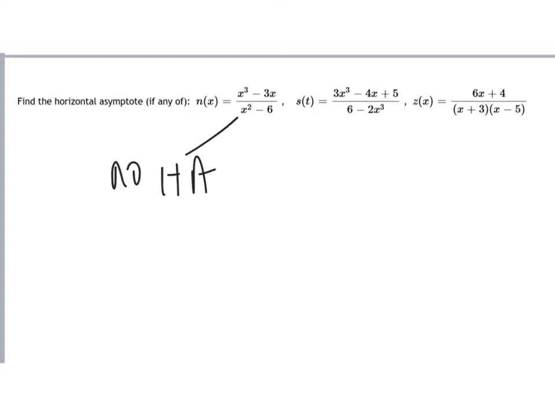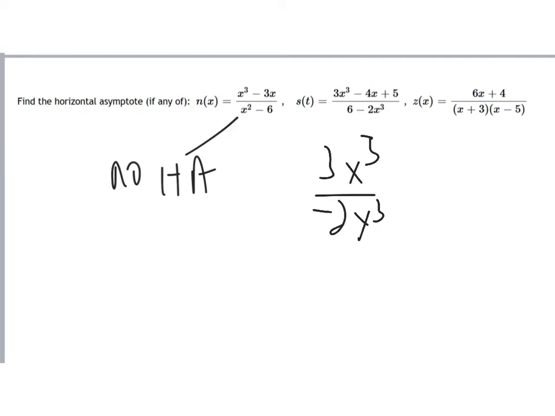Now, if they're the same, remember all that buildup that I just said about how we only really care about the leading terms. So in this case, the negative 4x and the 5 don't matter too much, and neither does the 6. We're just going to worry about 3x cubed over negative 2x cubed.